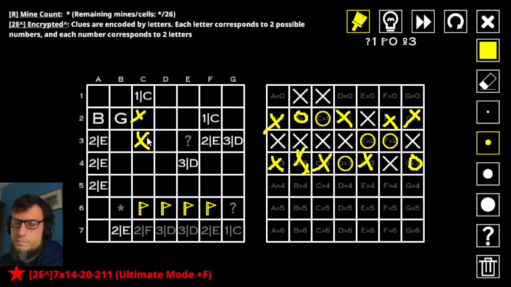Okay. Well, hold on. Wait, if B is equal to 1, then G can't be 1. Oh, but this B could be 3, and the G could be 4 or something.